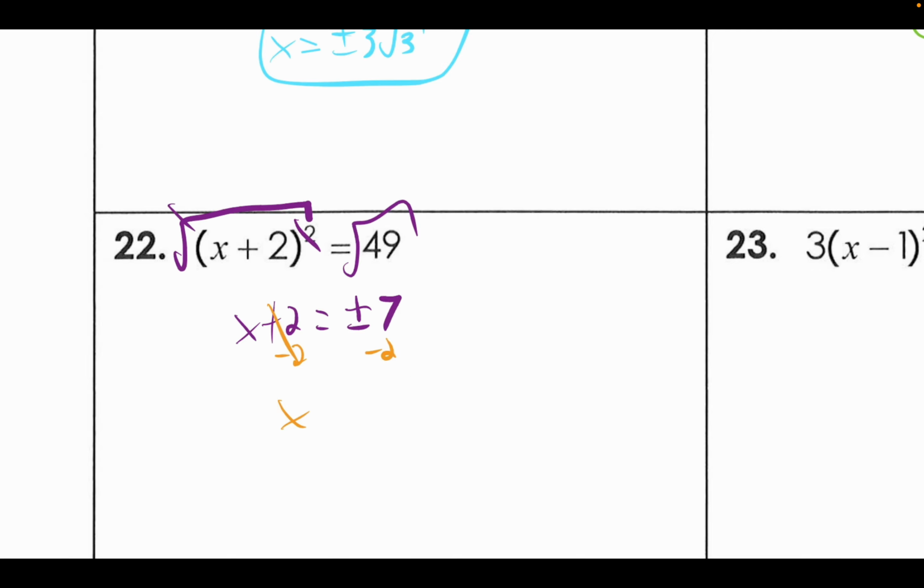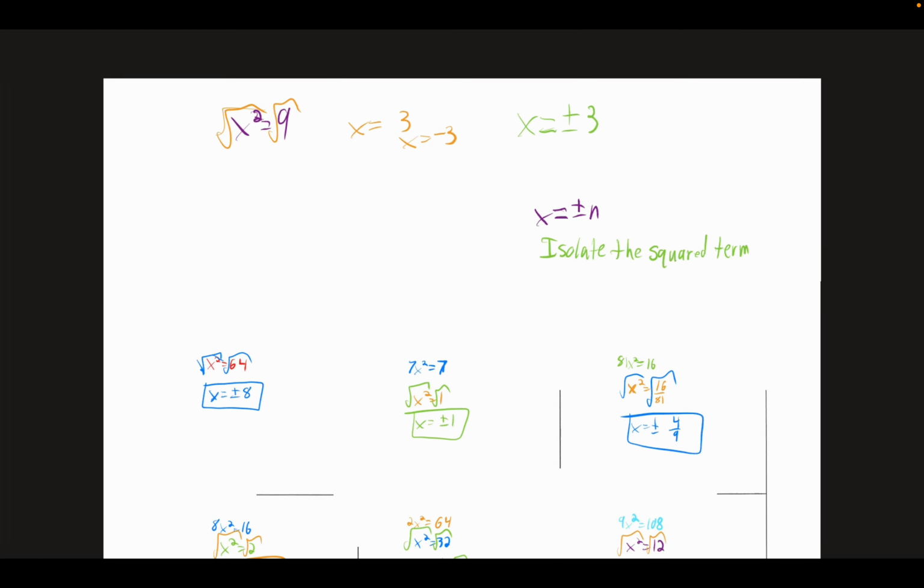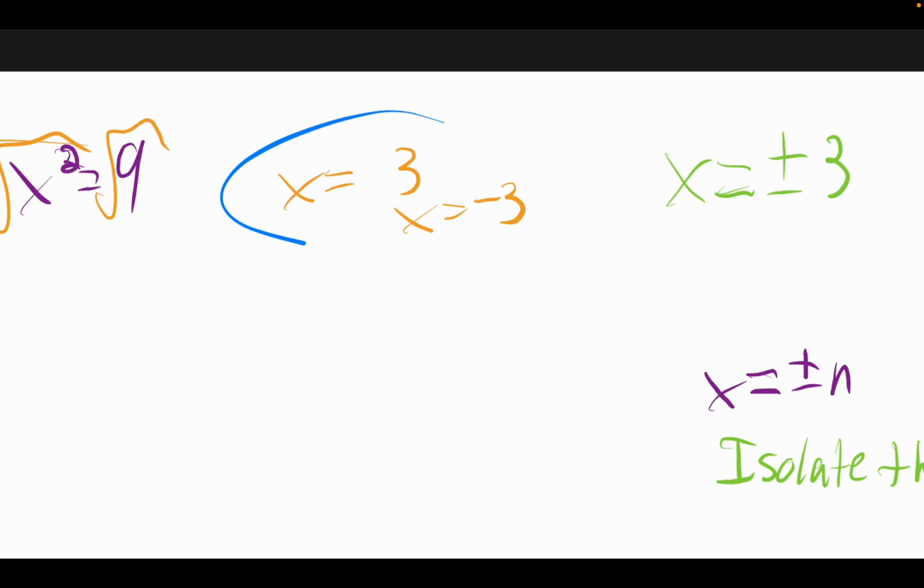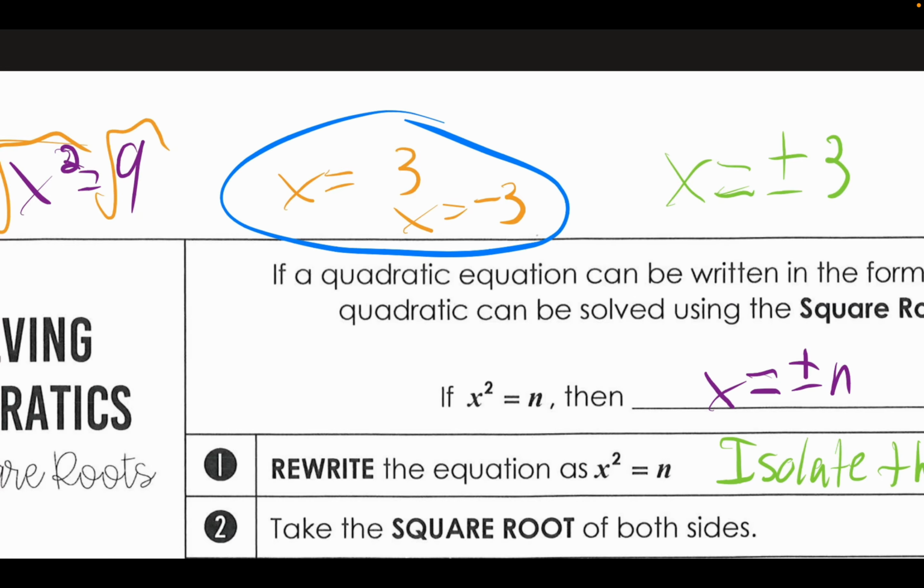And so what we actually have to do here is we have to say that there's 2 cases. That we have x plus 2 equals 7, the positive version, as well as x plus 2 equals negative 7, the negative version. And the reason we have to clarify this is because we've had the positive negative versions the whole time. We talked about that at the beginning of this page, when I went up here and said, hey, we had x equals 3 and negative 3, we just often write it as positive negative 3, but they really mean the same thing.